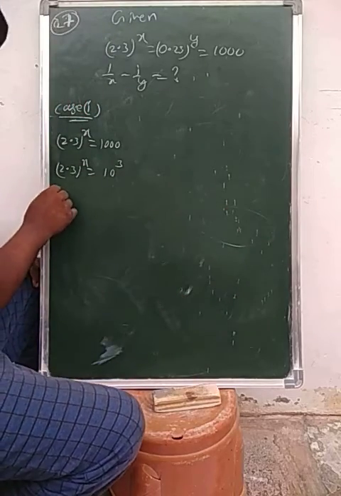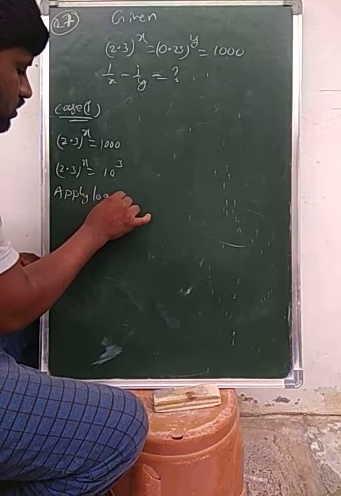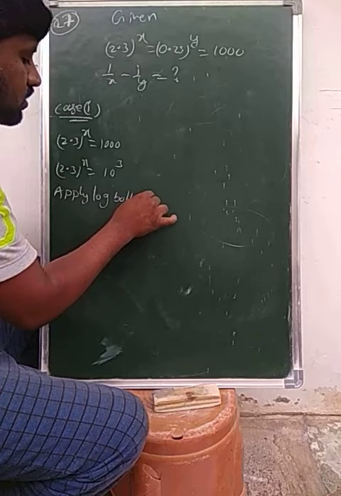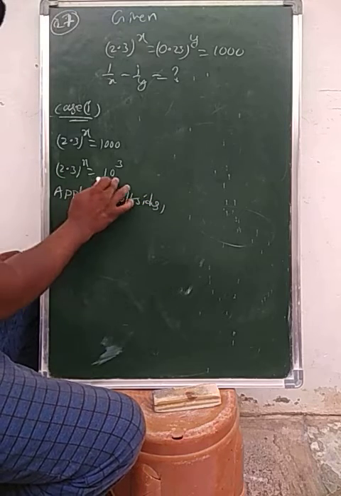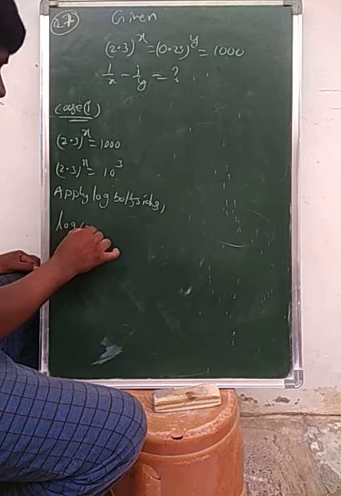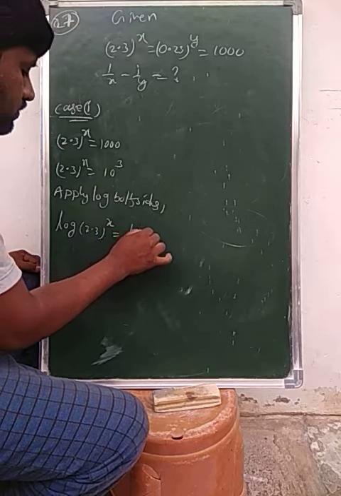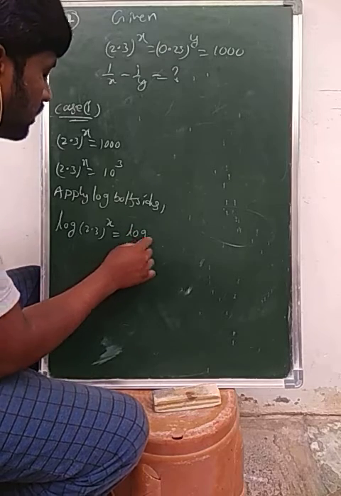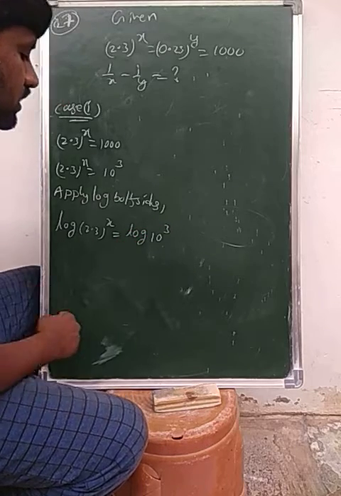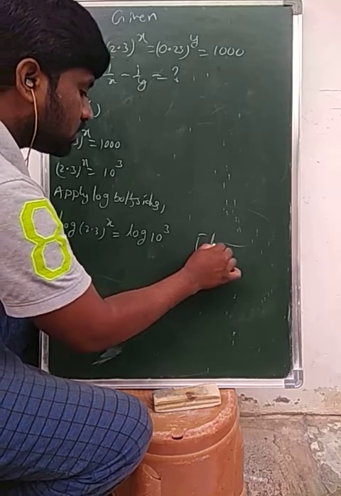So apply log on both sides. Okay na, I am applying logarithm on the LHS side and the RHS side. So log of 2.3 power x is equals to log of 10 power 3. So by using the formula, what is the formula?